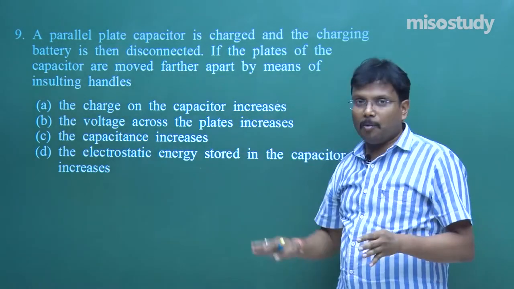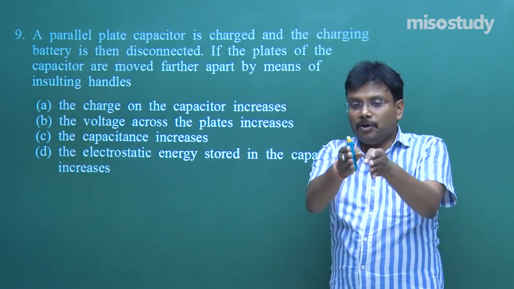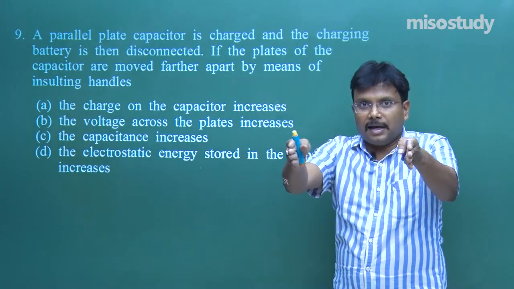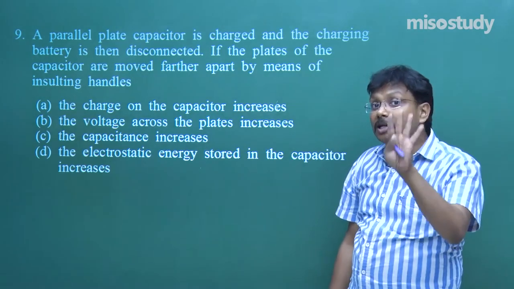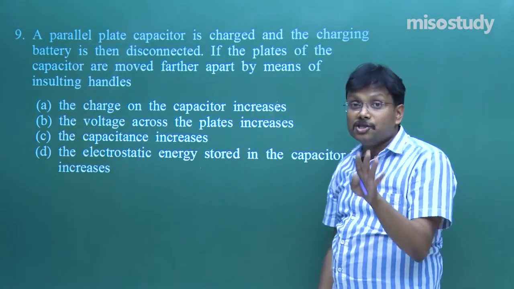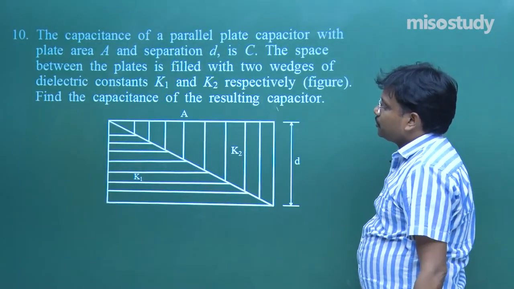Try the same problem, but assume the battery is not disconnected. Once the capacitor is fully charged, in this situation charge will not remain constant, potential will remain constant, because potential is coming from your source. So here comes your question number 10.